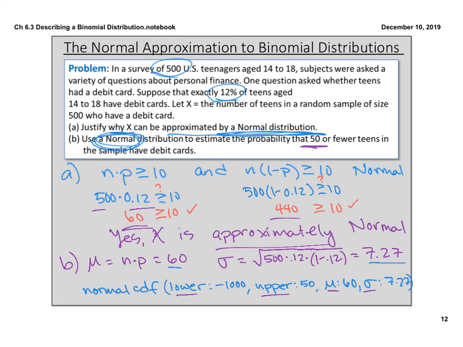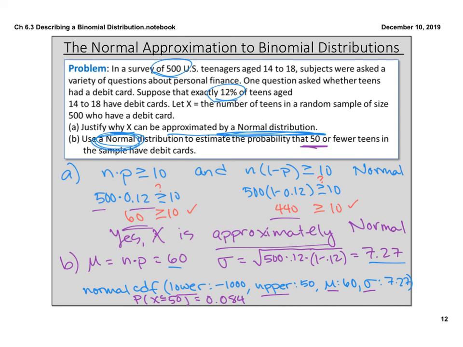So my probability here that x is less than or equal to 50 is equal to 0.084.